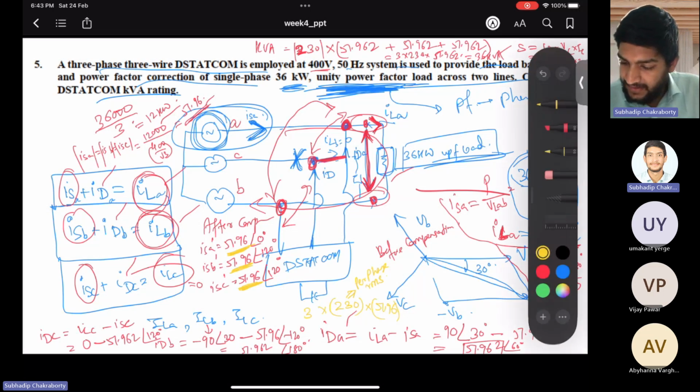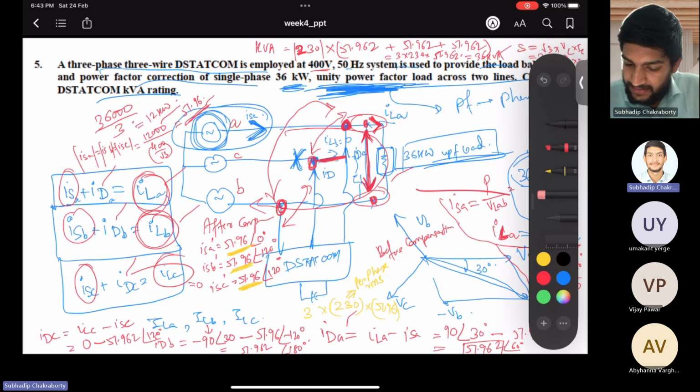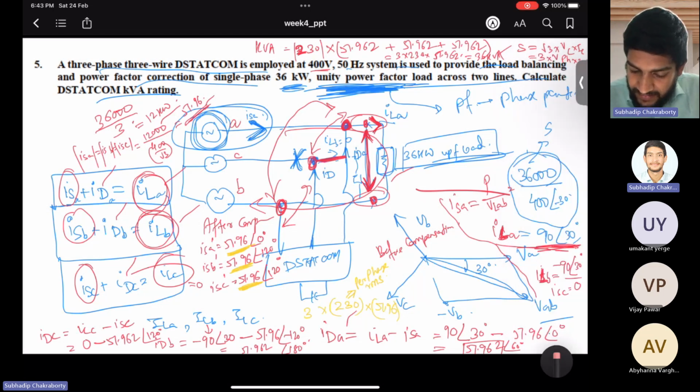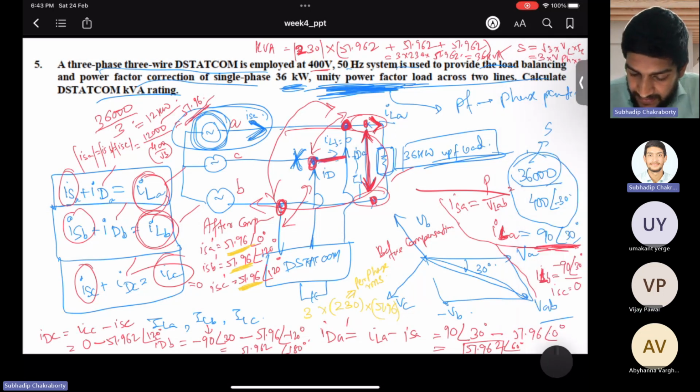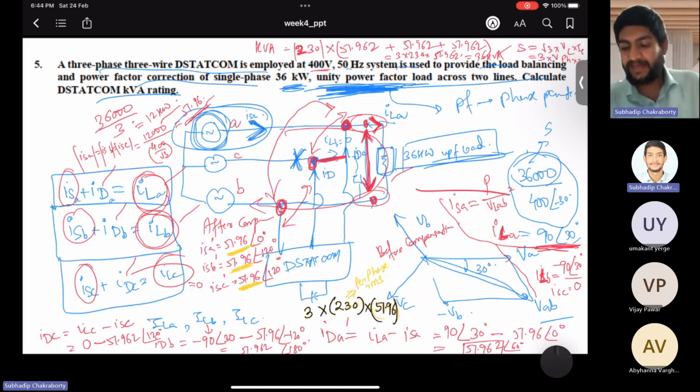I will change the color. So whenever I write this per phase calculation, that is, it is a balanced system, so 3 times per phase power. I write like this. Okay.